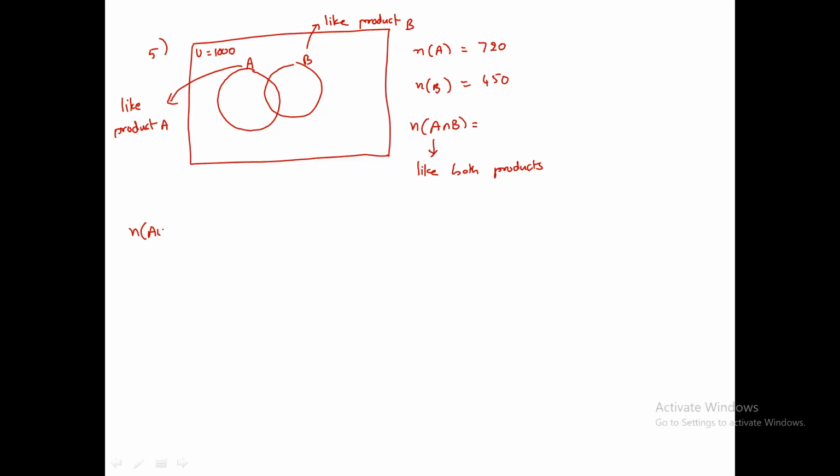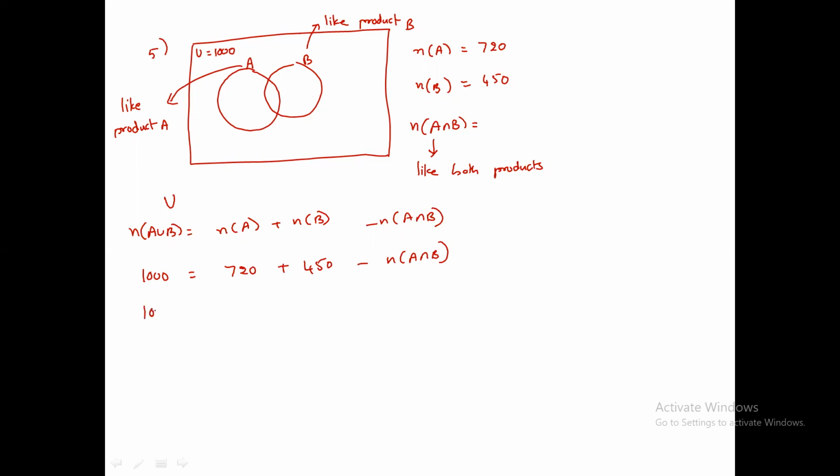So n of A union B is n of A plus n of B minus n of A intersection B. n of A union B means total. It is nothing but the universal set. So 1000. n of A is 720. n of B is 450. And n of A intersection B, we don't know.